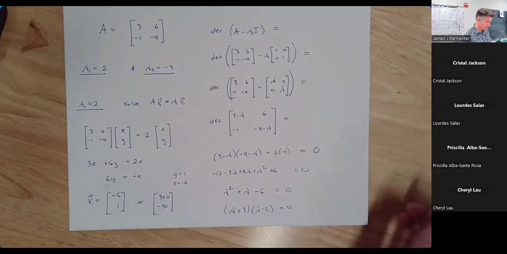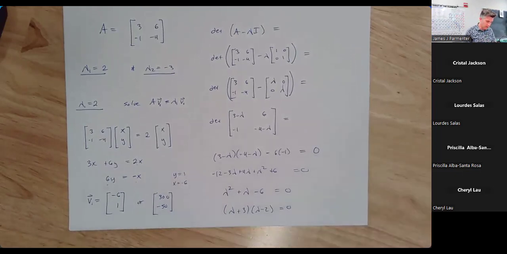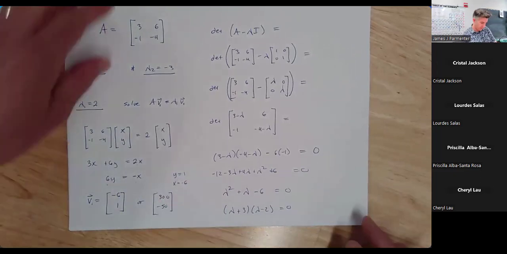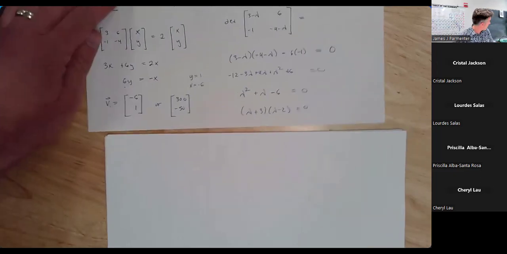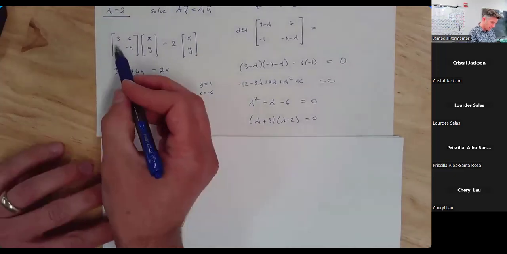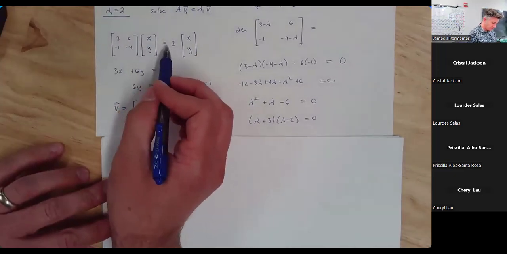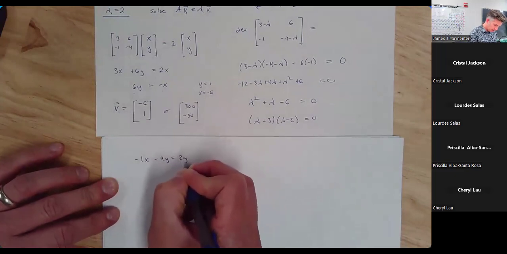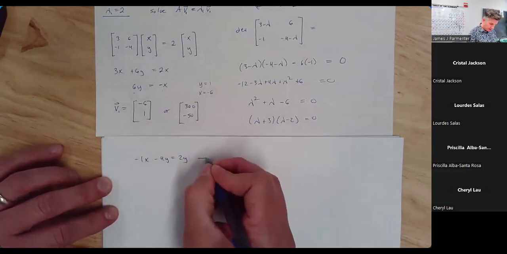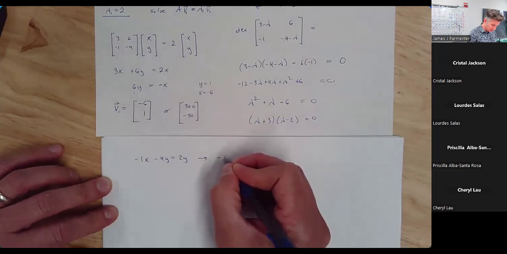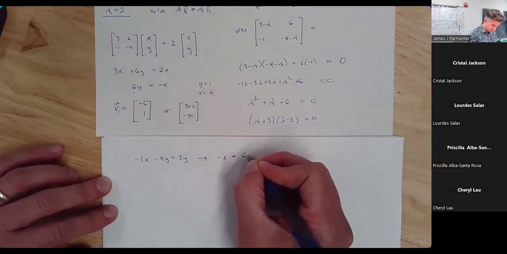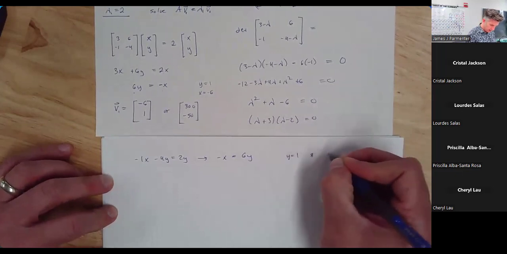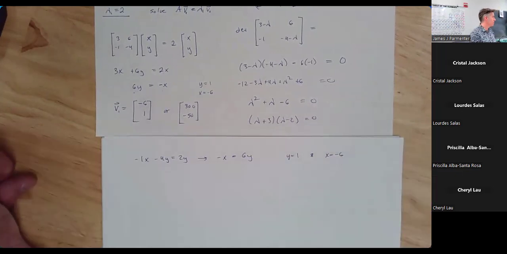I will mention as well that if we had written down the second equation, which would have been negative 1 times x plus negative 4 times y equal to 2 times y, and then we add 4y to the other side, we still get the same relationship. Negative x equal to 6y, and then you can pick y equal to 1 and get x equal to negative 6.